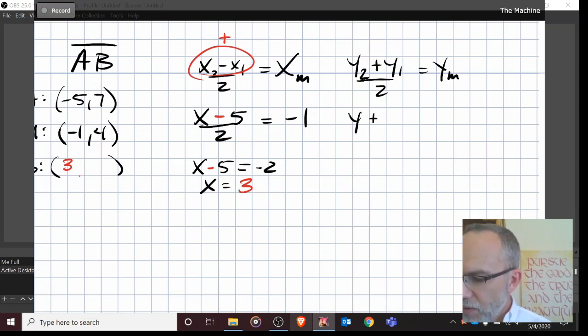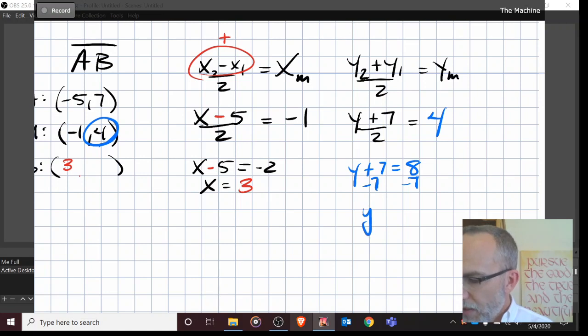Plus the first y value, that's 7, all divided by 2. That has to equal the mid of the y's, which is 4. Okay, so now multiply both sides by 2. I get y plus 7 is equal to 8, and then -1, -1, and whoops, -7, -7. I was thinking of the answer. Y is equal to +1.